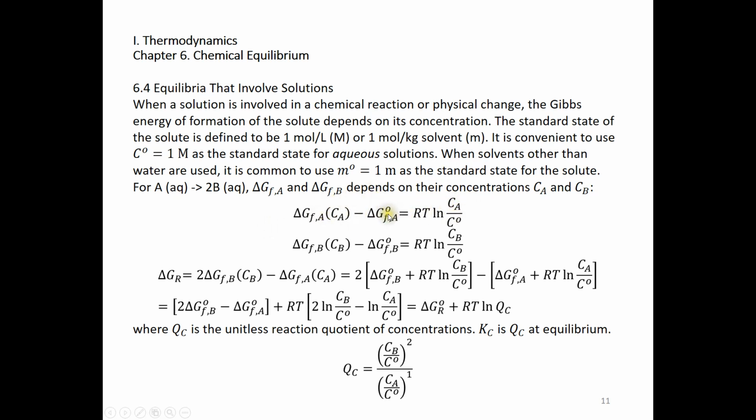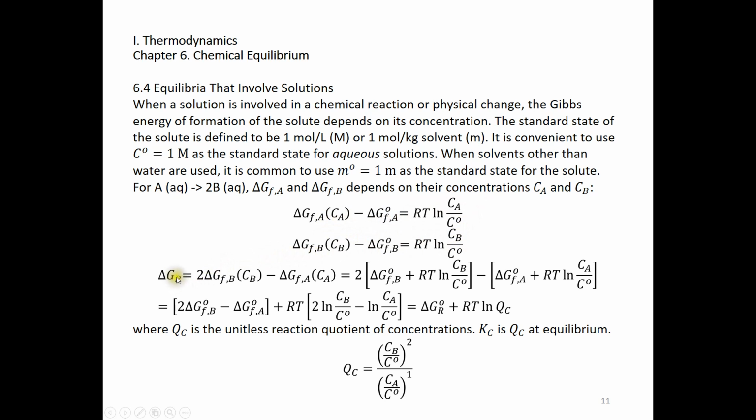Then we can just take the difference between these two. This is RT times the natural logarithm of 2 molar over 1 molar. What if it's 0.1 molar? You just need to plug in this value. And this equation will give you the Gibbs energy of formation of A with non-standard concentration, and same for B. These 2 equations are exactly the same. You just need to replace every single A with B.